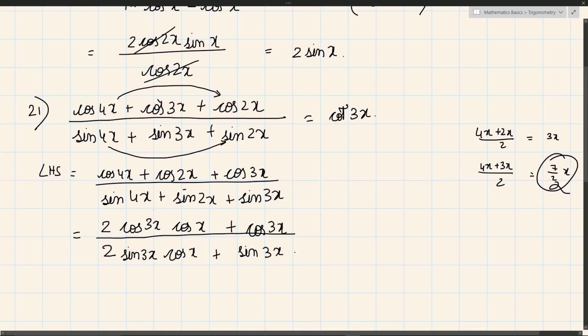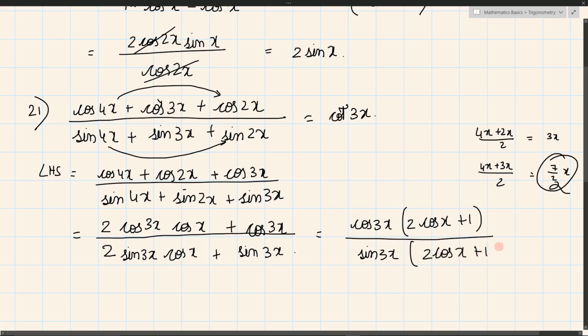Now in the numerator as well as in the denominator, I'll take cos 3x common in the numerator. The remaining terms are (2 cos x plus 1), whole divided by, I'll take sin 3x as common, sin 3x into (2 cos x plus 1). So this whole term will be cancelled. The remaining term is cot 3x.